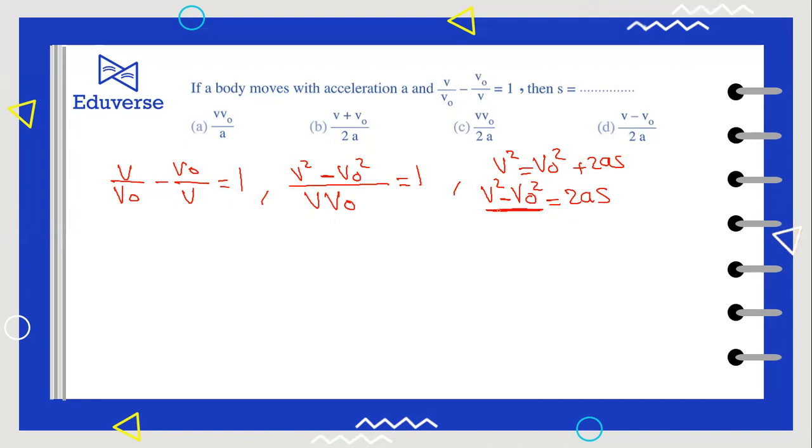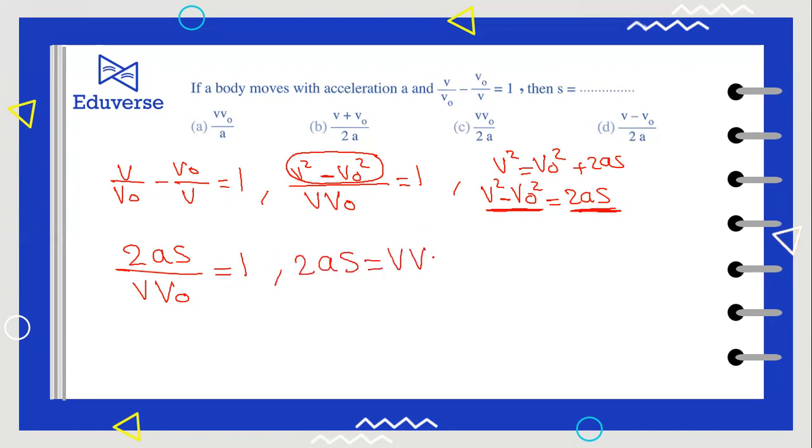Then V squared minus V naught squared equals 2aS. I will replace the numerator and put 2aS, so the fraction is 2aS over V naught, equal to 1. Make a cross multiplication, then 2aS equals V naught.